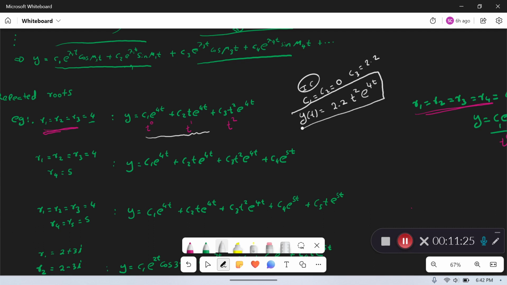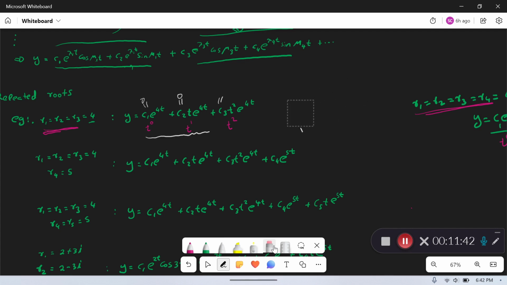So this is the term that remains when this equals 0, this equals 0, and C3 is equal to 2.2. So we write that down: y equals 2.2 t^2 e^(4t).